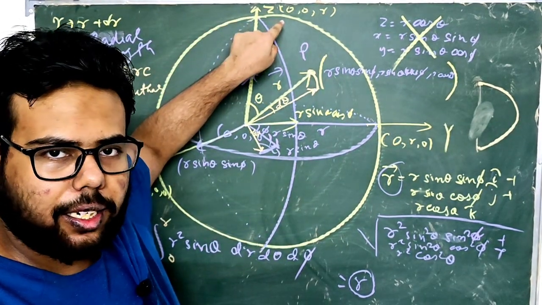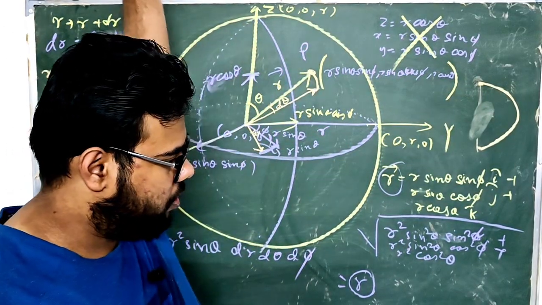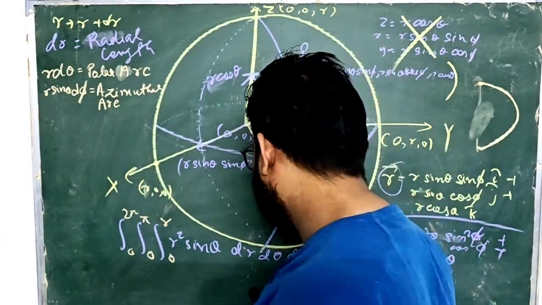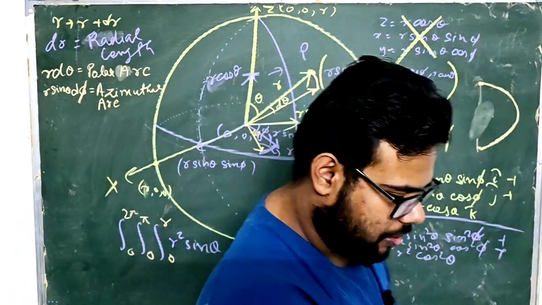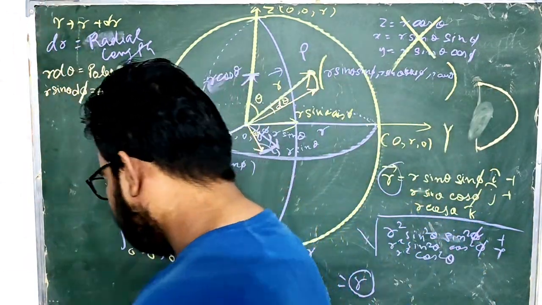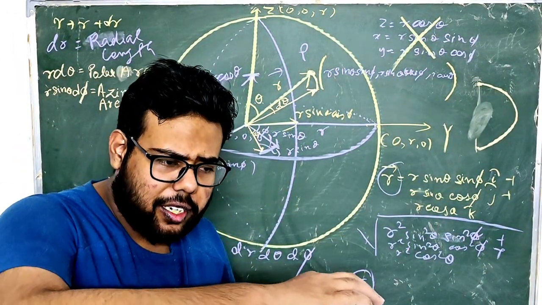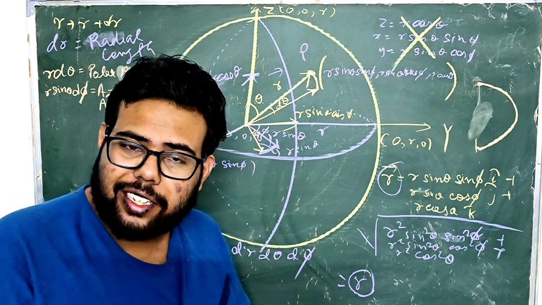Okay, correct. Now there is a semicircular arc like this, and if I start rotating it, what will you get? You will get a sphere. And if I rotate it by what angle? By 2 pi, by 360 degrees.